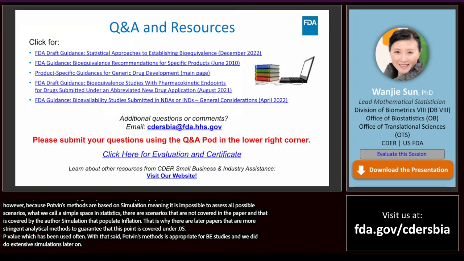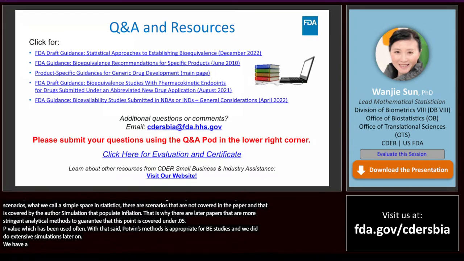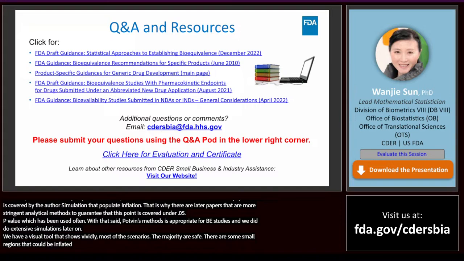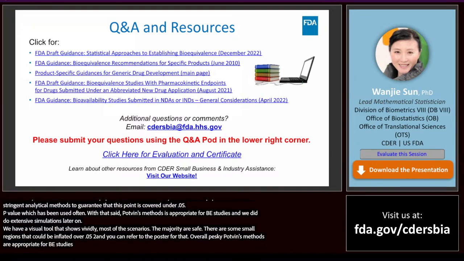We have a visual tool that shows vividly that most of the regions are safe, but there are small regions where the type 1 error rate could be inflated over 0.052. You can refer to that poster for that. But overall, Potvin's method is appropriate for bioequivalence studies, but just pay attention to those pitfalls. Thank you.